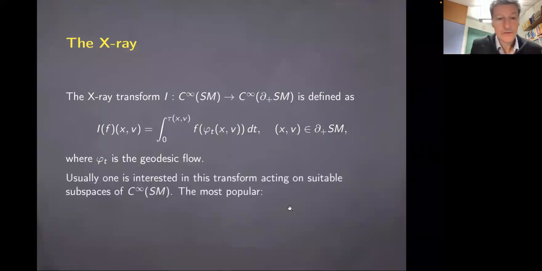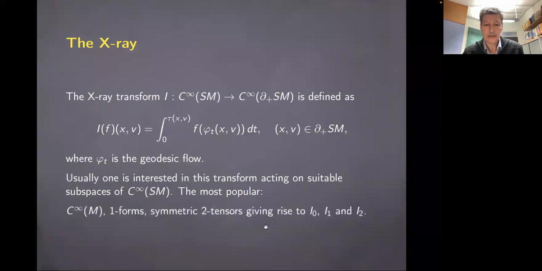And usually you're not interested in the X-ray acting on all possible functions on the unit tangent bundle, but you want to take suitable subspaces. The most popular are: you take functions on M and take pullbacks to the unit tangent bundle, so functions that only depend on the position.